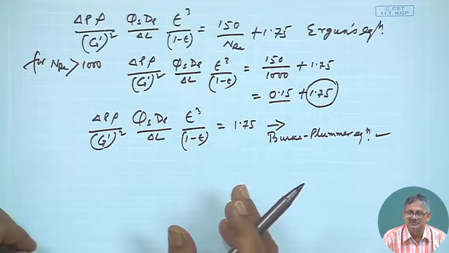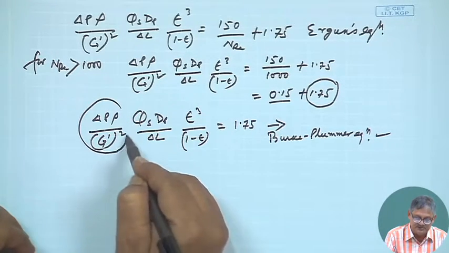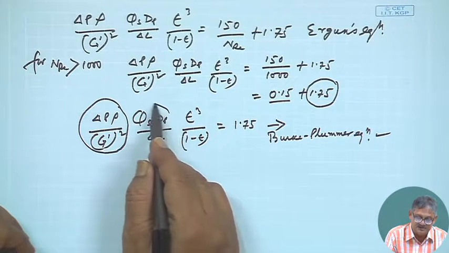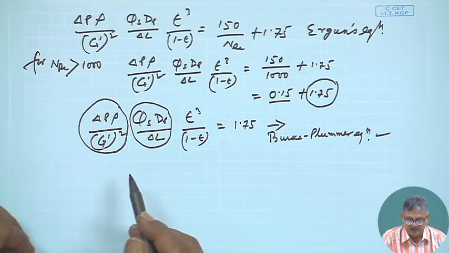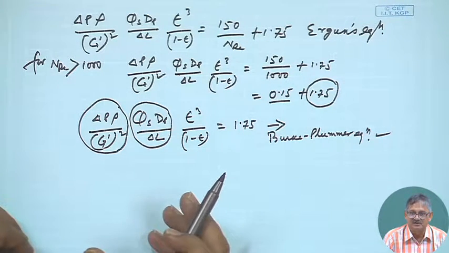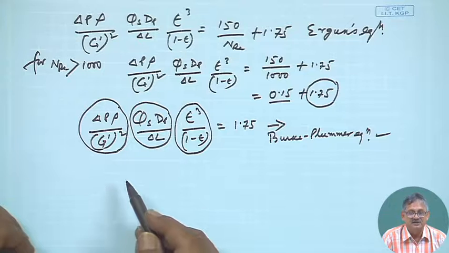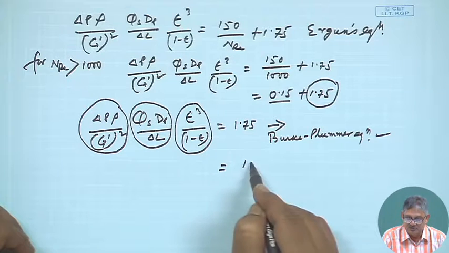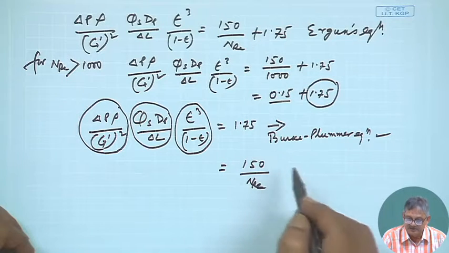and we came back to the Burke-Plummer equation. So if we remember it this way: delta P rho by G square is one term, and the dimensional term is phi s dp by delta L, another term, and the third is the void fraction, epsilon cube by 1 minus epsilon. This equals 150 over NRE plus 1.75 in general for Ergun's equation.